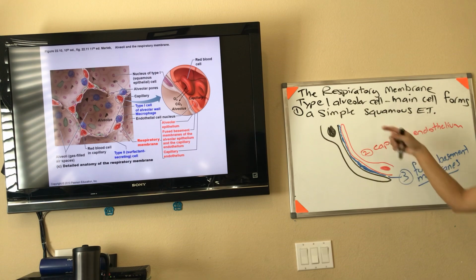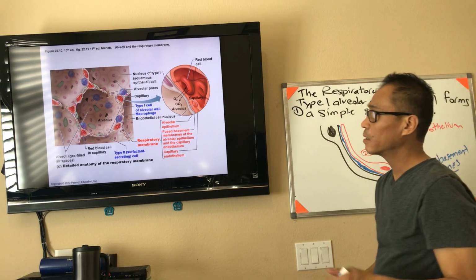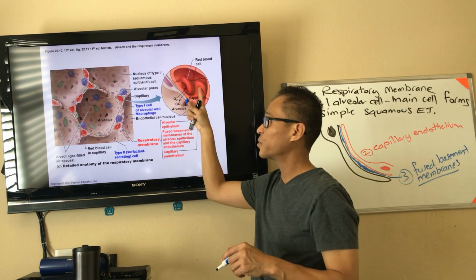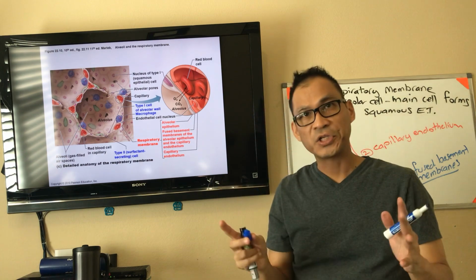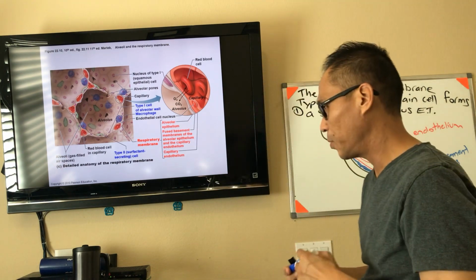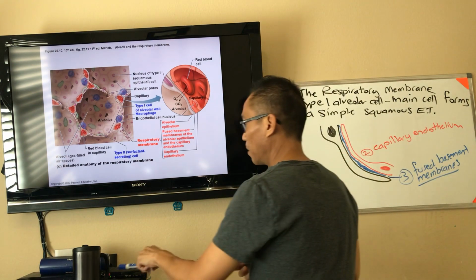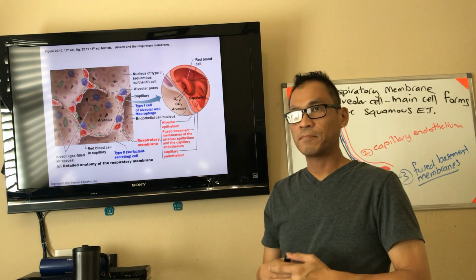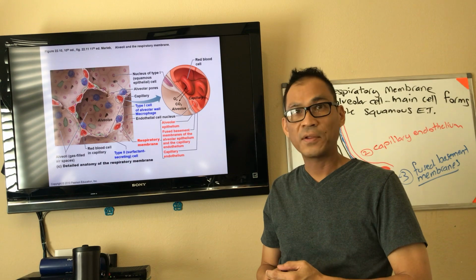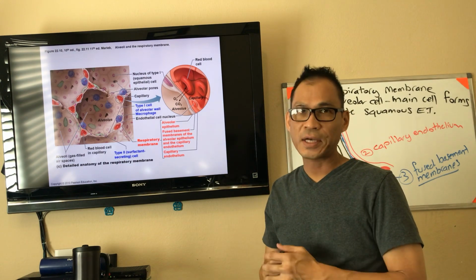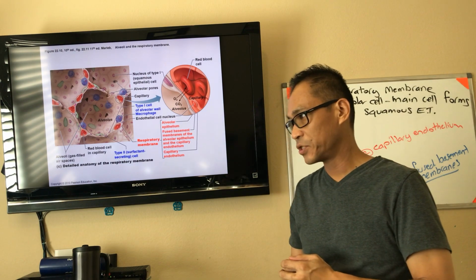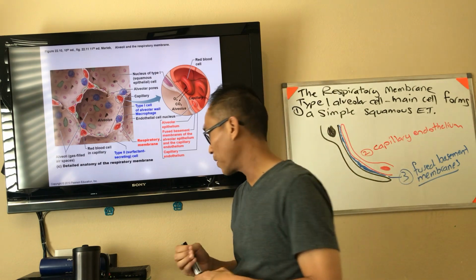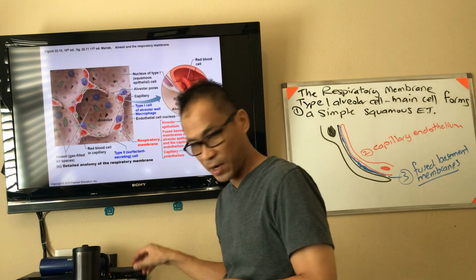But I just kind of drew it as one thing. It's fine. The point is that this is thin enough so gases can be exchanged across it. And the beauty of this system is those, what is it, 600 million alveolar spaces. I mean, that's a lot of cross-sectional area for gases to be exchanged across. So know the anatomy of the respiratory membrane.